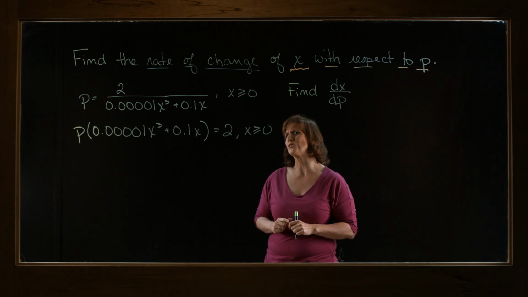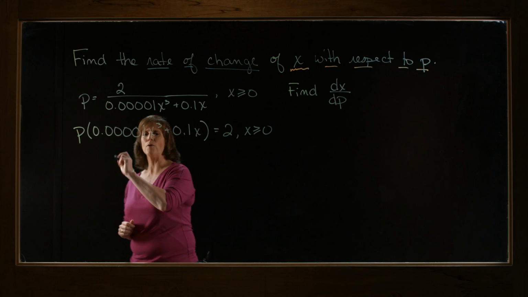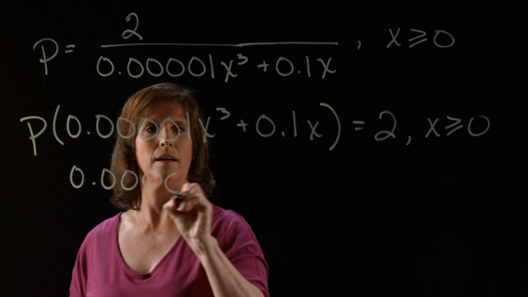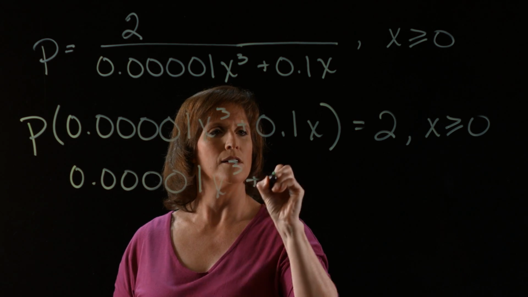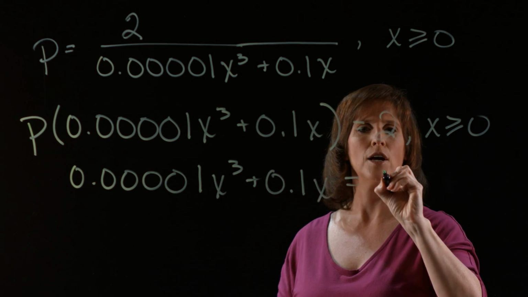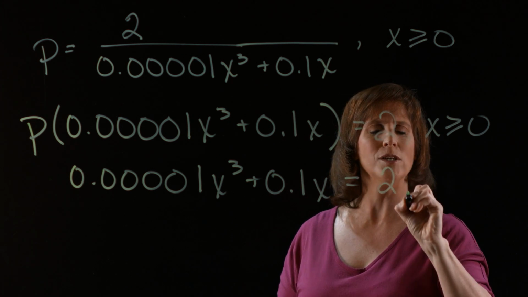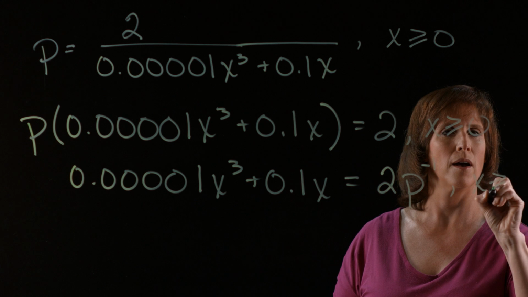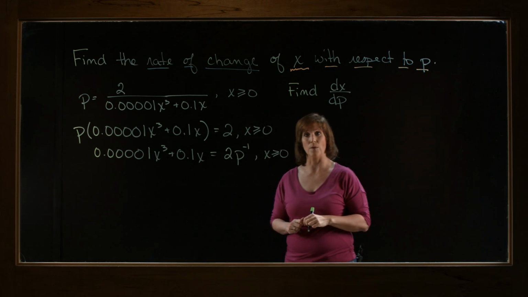Let me do one more algebra rewrite. I'm going to divide both sides by p. So I end up with, on the right-hand side, 2 divided by p, which is also the same thing as 2 times p to the minus 1 power when x is greater than or equal to 0.